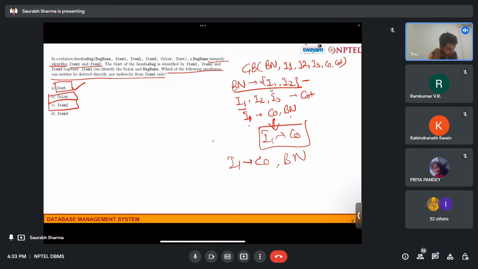So if we take the closure of it, what will we get? There will be color, there will be bn, and from bn we will get I1 and I2.